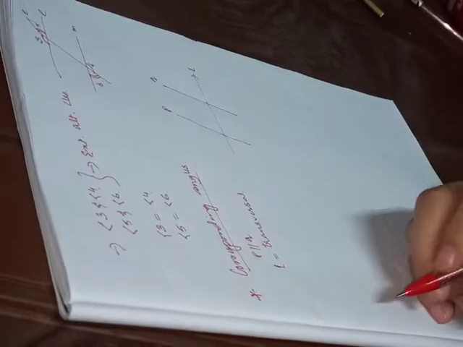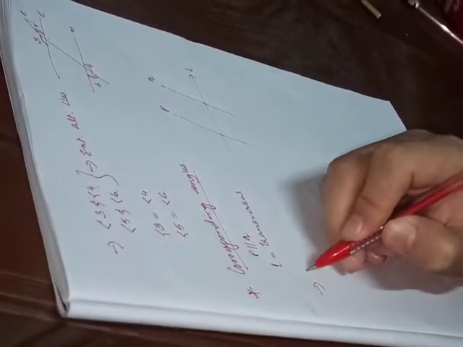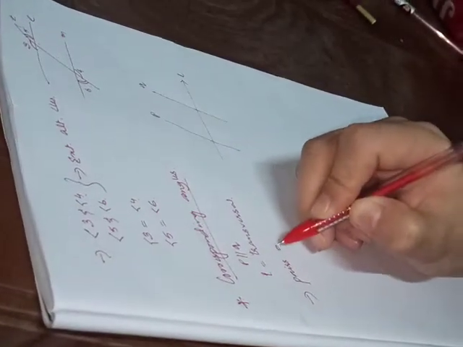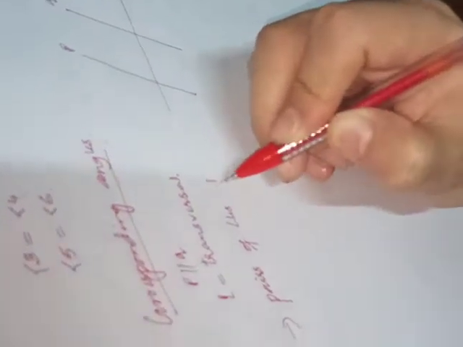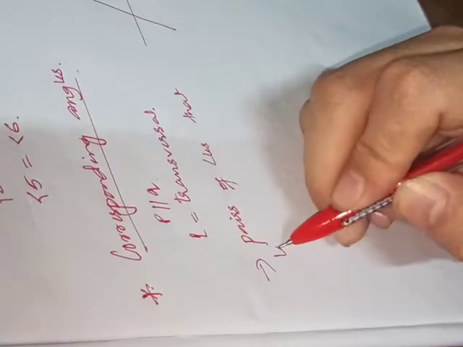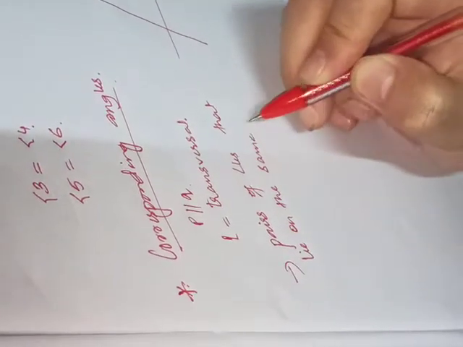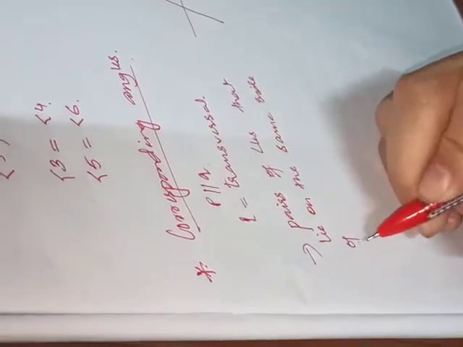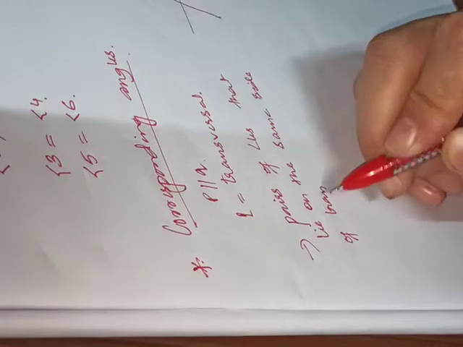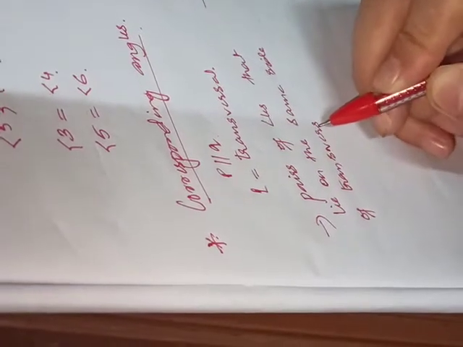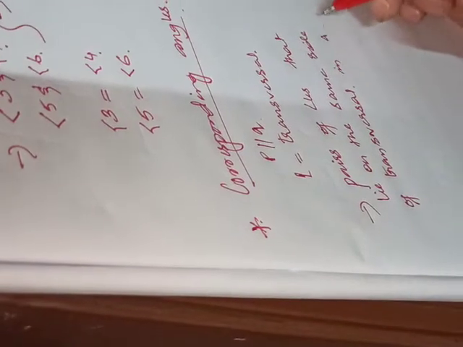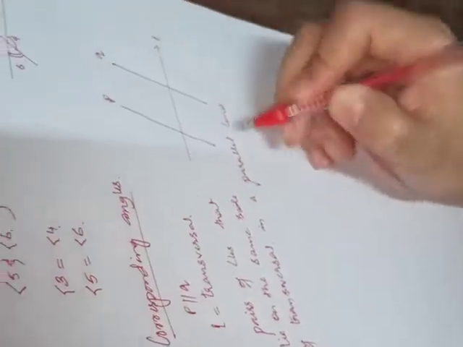Pairs of angles that lie on the same side of a transversal in parallel lines, we call them corresponding angles.